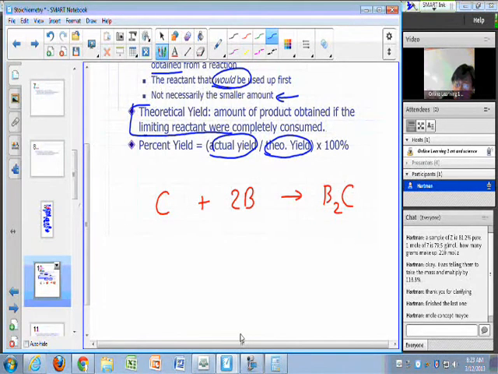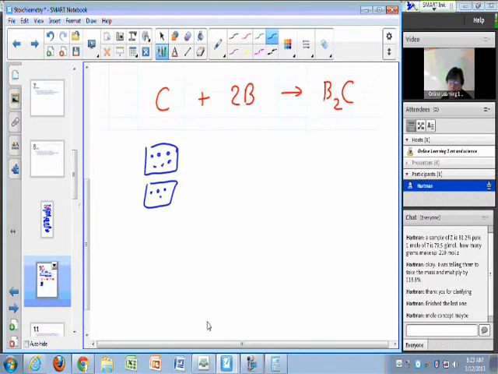Let's say you have 4 slices of cheese, Swiss cheese, and you have 4 slices of bread.